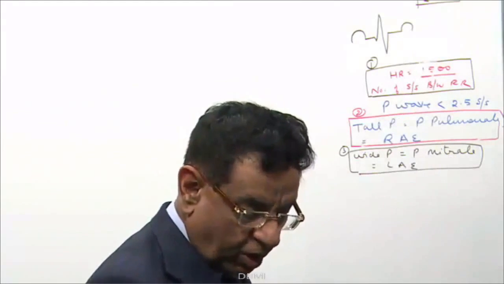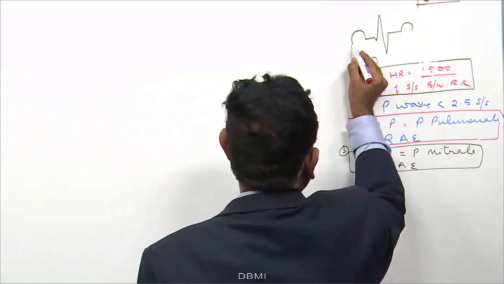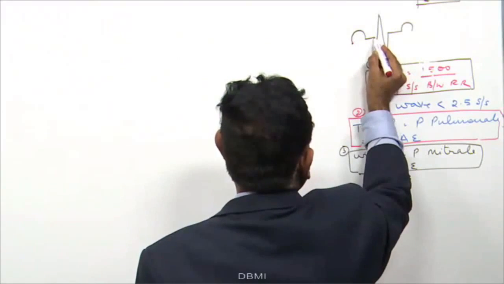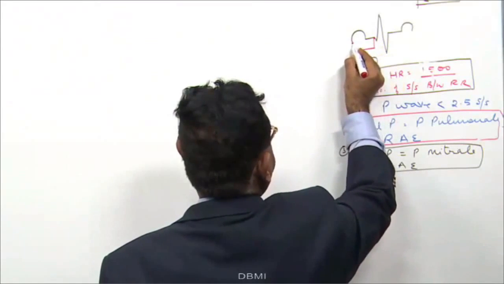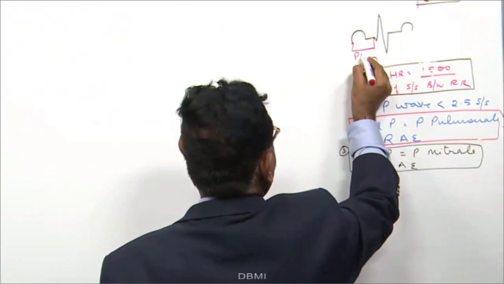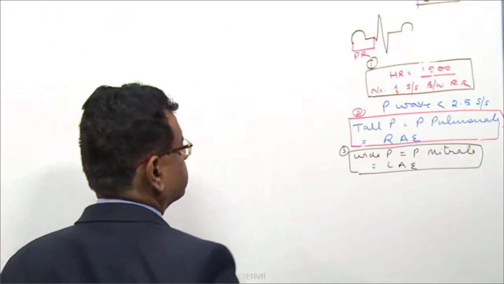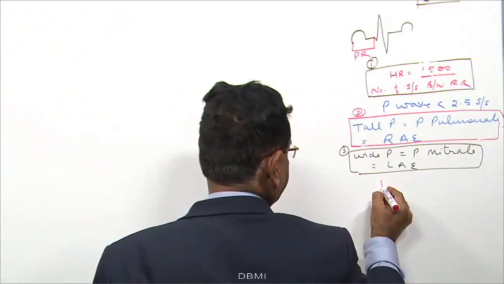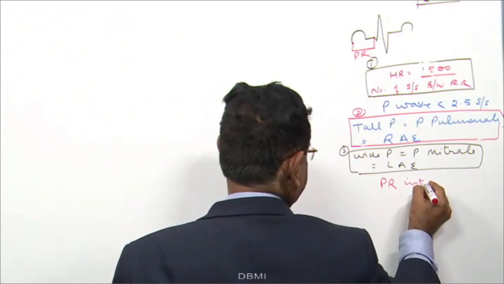In this normal beat, from the point where the P wave starts to the point where the Q wave starts, this is the PR interval. So the next heading of discussion is PR interval.